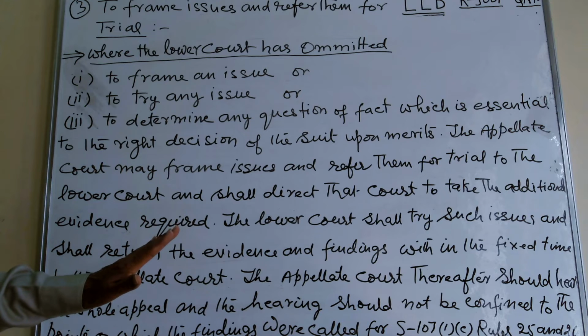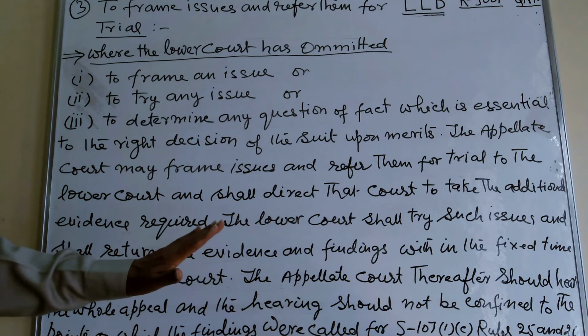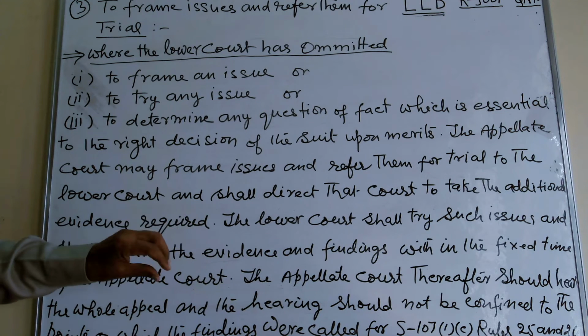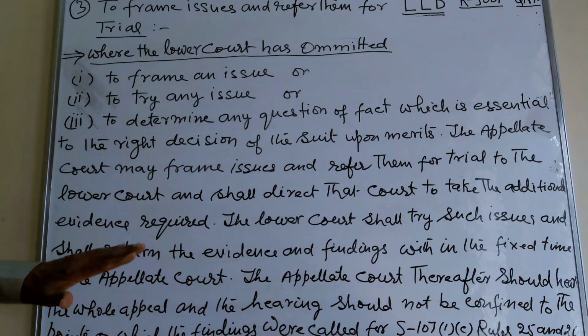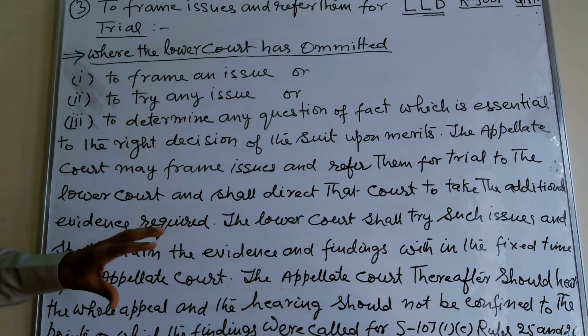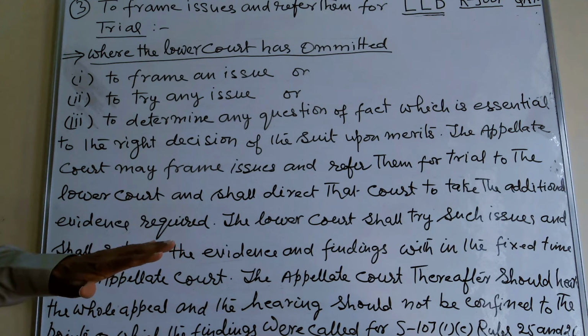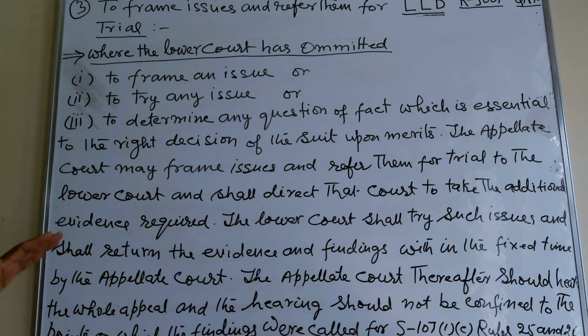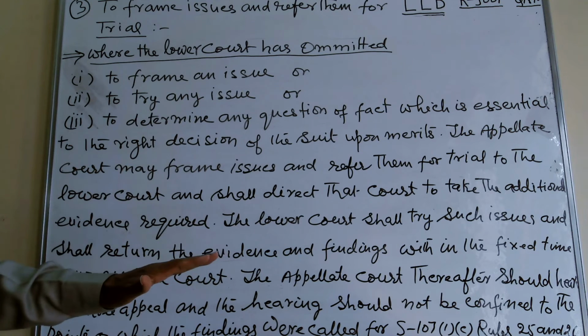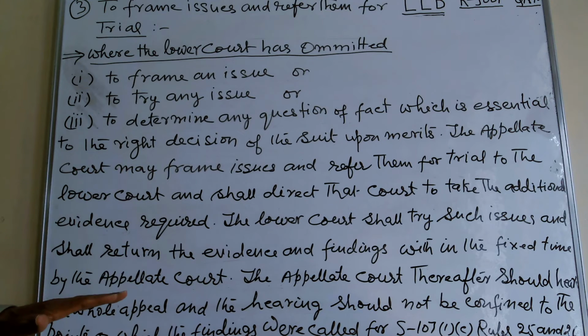Here I wanted to say that after the lower court has recorded evidence and findings, within the time fixed by the appellate court it has to send the case back to the appellate court.